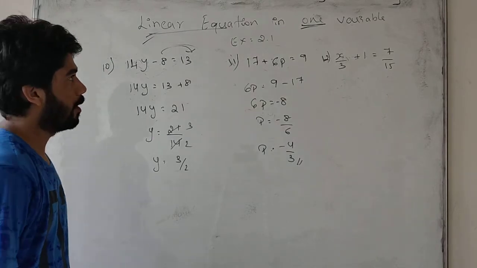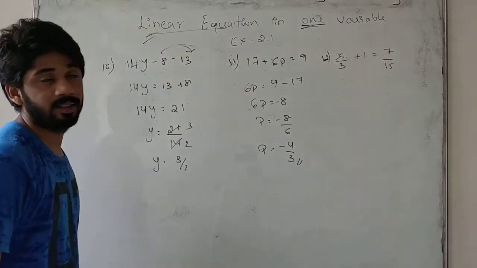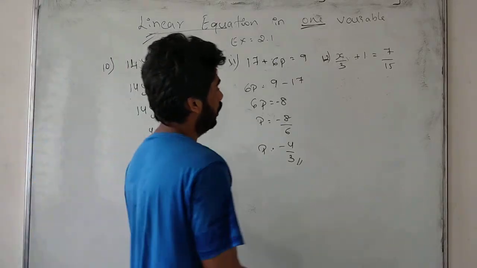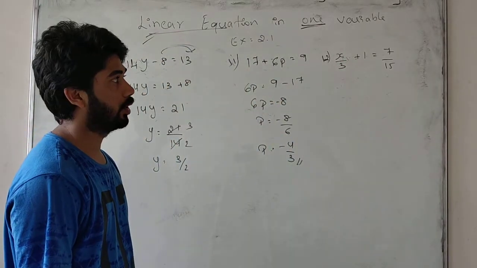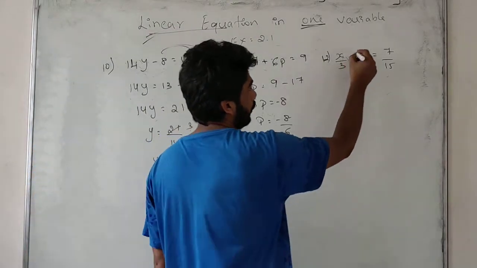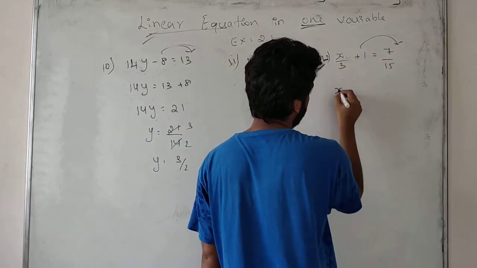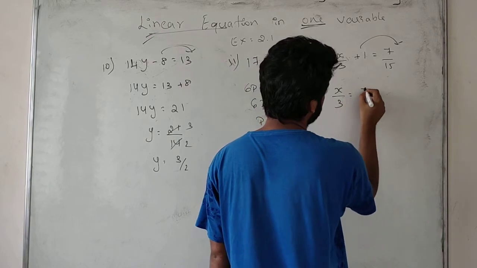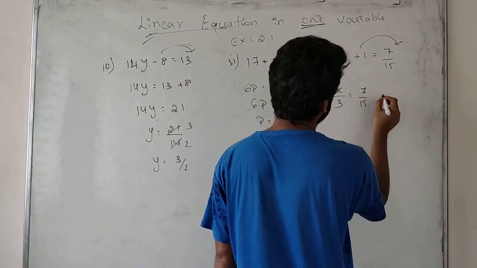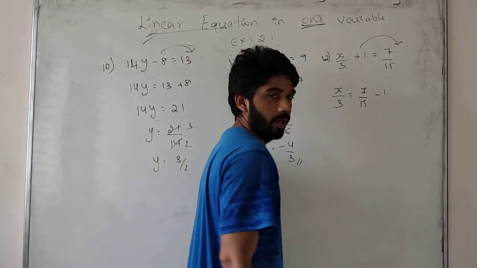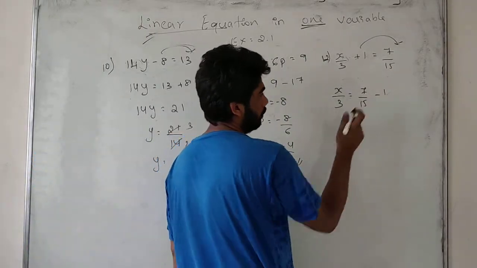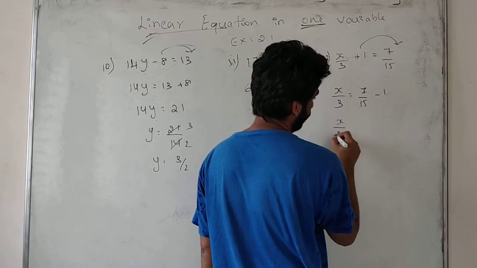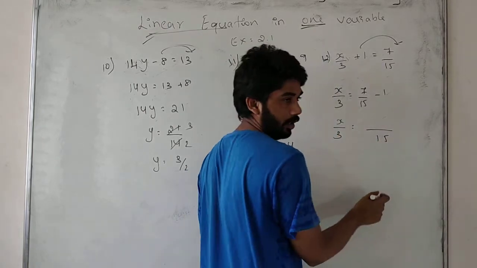Okay, note it down. Now the last problem of this exercise 2.1, x by 3 plus 1 is equal to 7 by 15. So I will take this to the other side. So x by 3 equals 7 by 15 minus 1. Minus 1, minus 1. Okay. Now LCM, take the LCM first. x by 3, LCM will be 15.